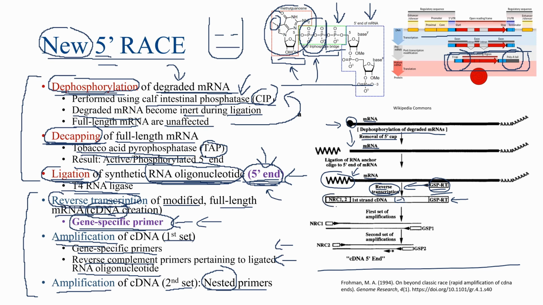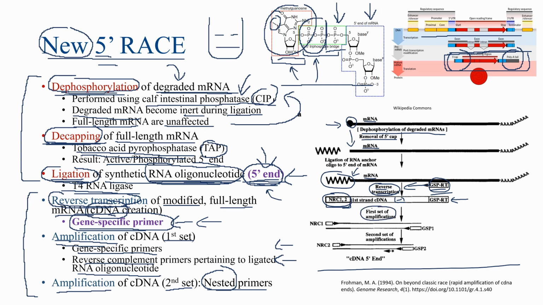Here you can recognize that you have the reverse transcribed RNA oligonucleotide. And what's important to recognize here is that this oligonucleotide will have sequences within it, and we will use the reverse complementarity of those sequences as primers in both sets of subsequent amplifications.